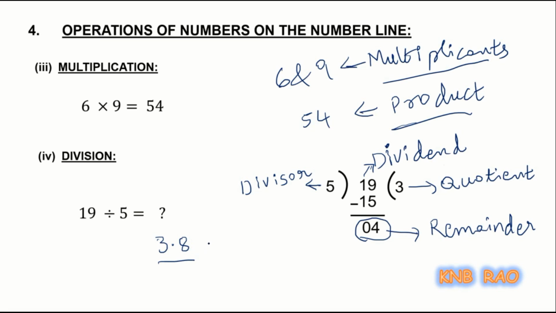That is also called terminated decimal places. So in this case we get 3.8 as the quotient if you continue. But 3.8 is not a whole number, it is a part, not the full.